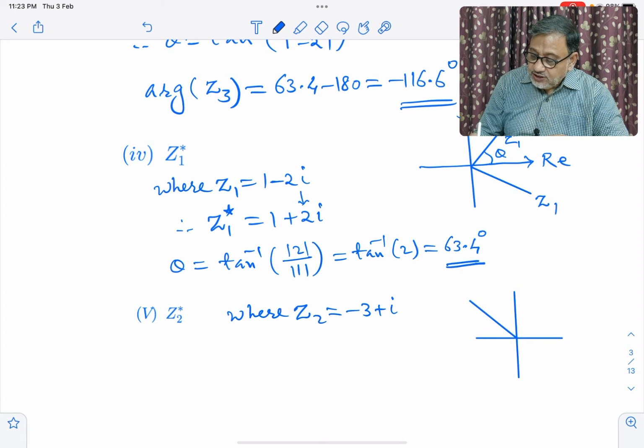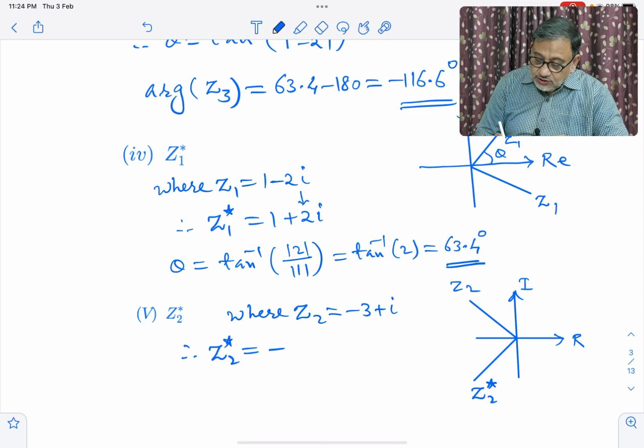Minus 3 plus i is in the second quadrant, Z2. So therefore Z2 conjugate will be in the third quadrant, right? It will be the reflection in the real axis. So this will be Z2 conjugate. Let me write Z2 conjugate.